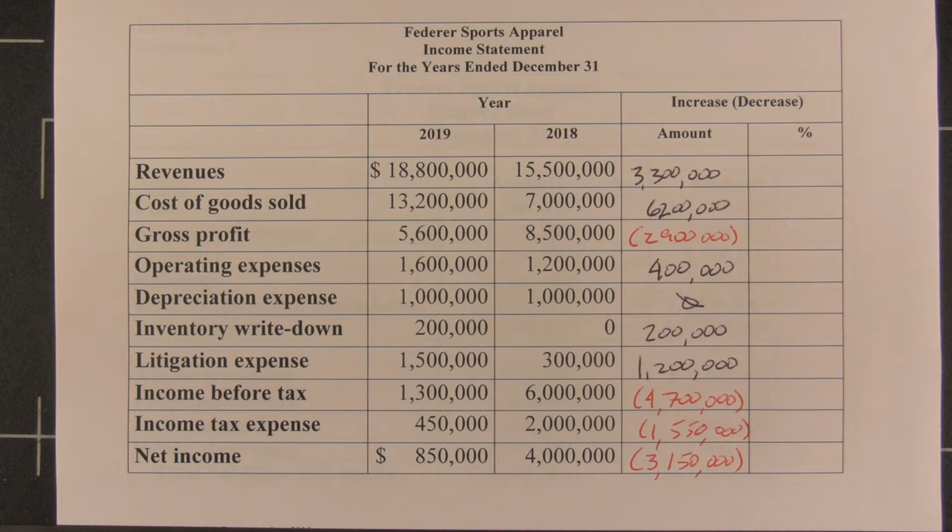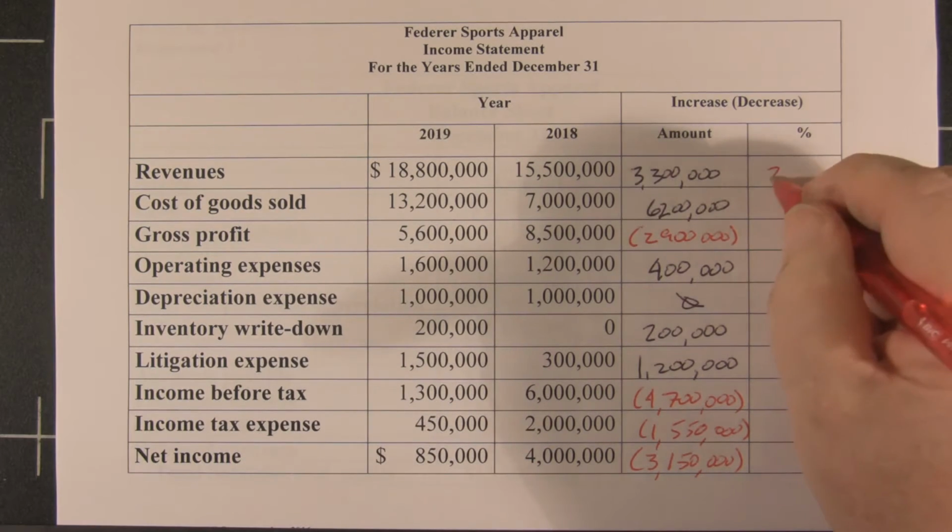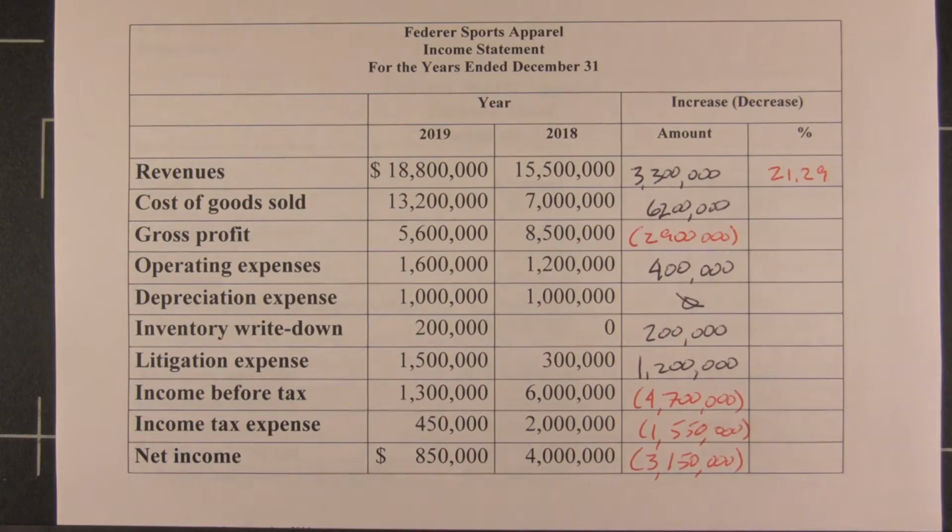I'm just digging out my calculator, and what I'm going to do is take the 3,300,000, making sure I have the right number of zeros, and I'm going to be dividing that by 15,500,000, and I come up with 21.29%.